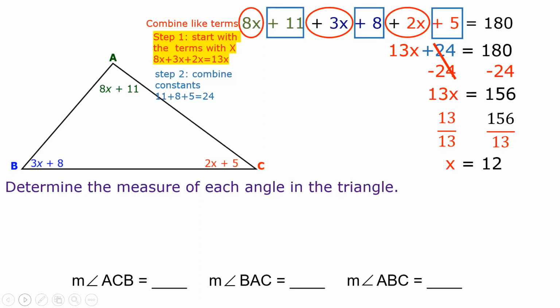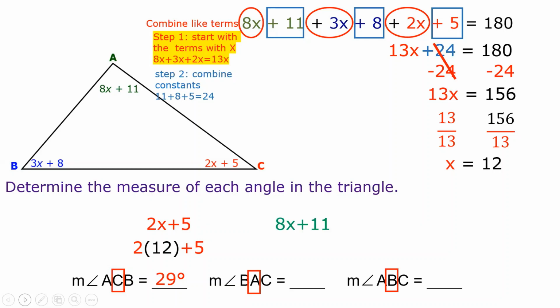Now again, we're going to do the same thing we've been doing in the other two slides, which is find the angle C, angle A, and angle B, okay? For angle C, the expression is 2x plus 5. You're going to multiply 2 times the value of x, which is 12. That will give you 24, plus 5 would give you 29, okay?